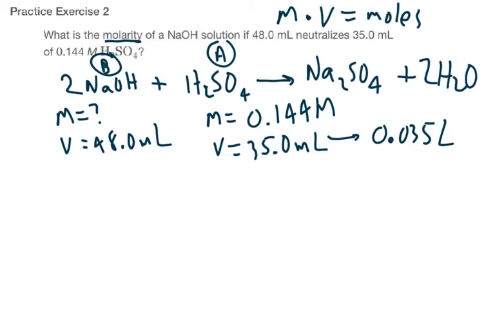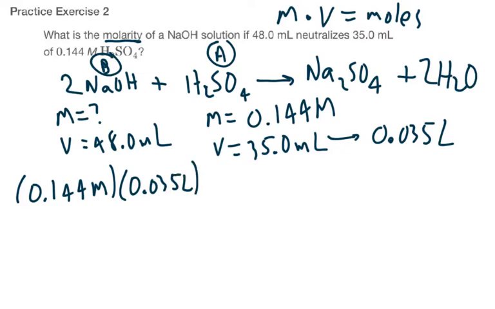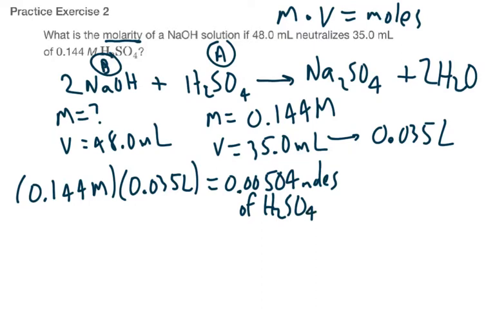So let's do the first step. Let's get the molarity of the given, 0.144 molar. Let's multiply it by the volume, which we just changed to liters. And we're going to get 0.00504 moles of the given, which is sulfuric acid, H2SO4. Now, let's multiply by the mole ratio.